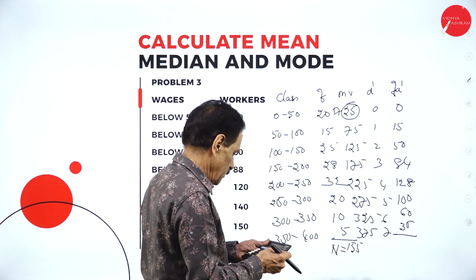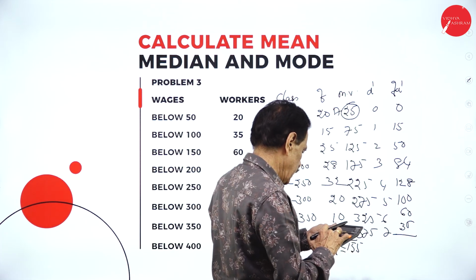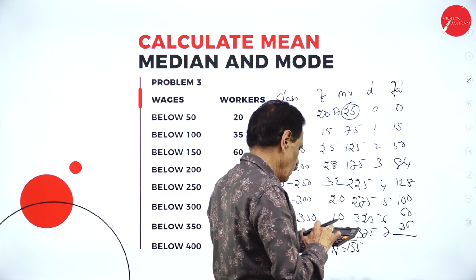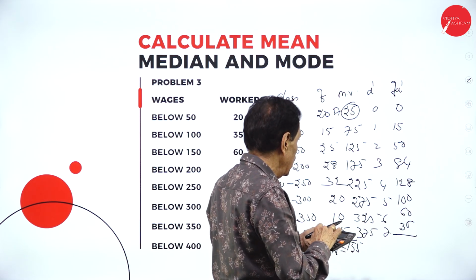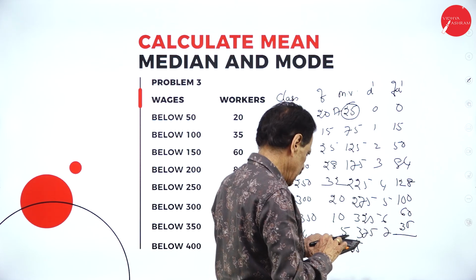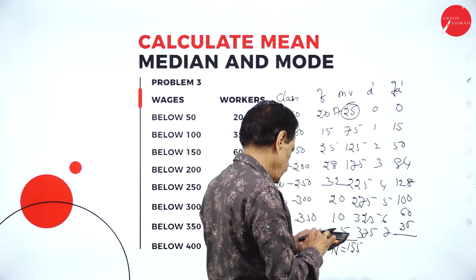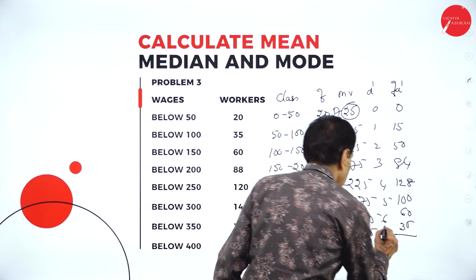Add the figures: 15 plus 50 plus 84 plus 128 plus 100 plus 60 plus 35 is 472. Sigma FT dash.